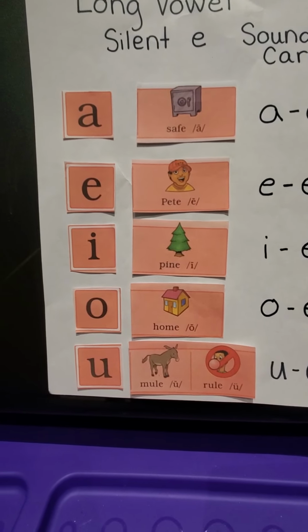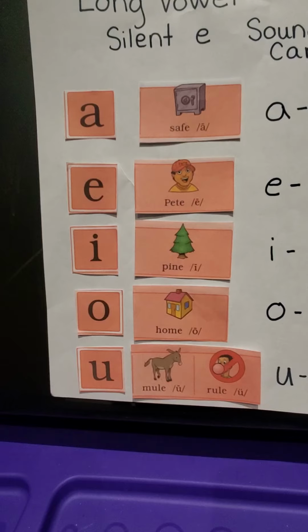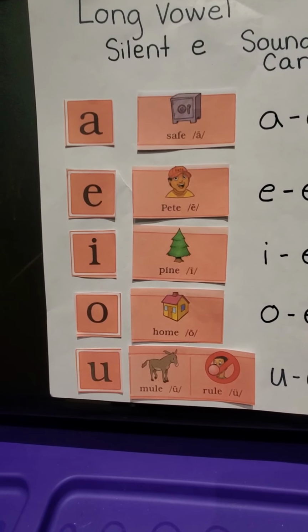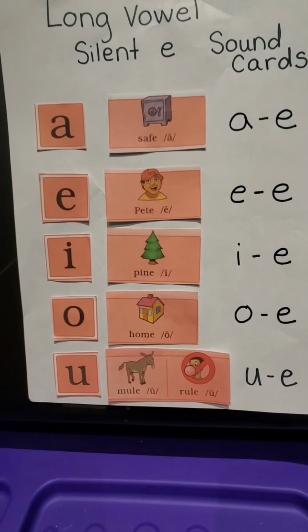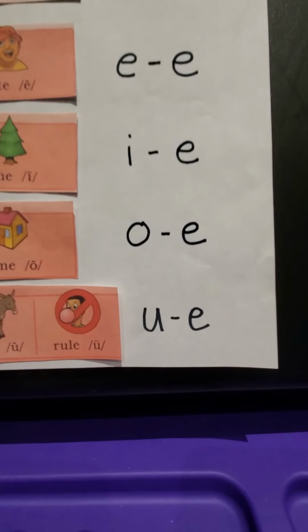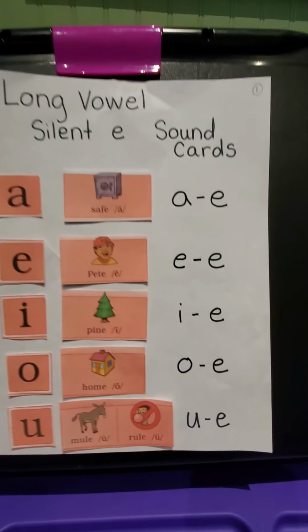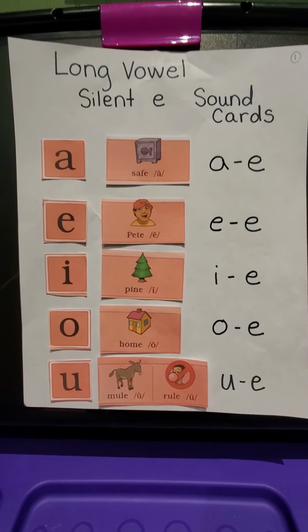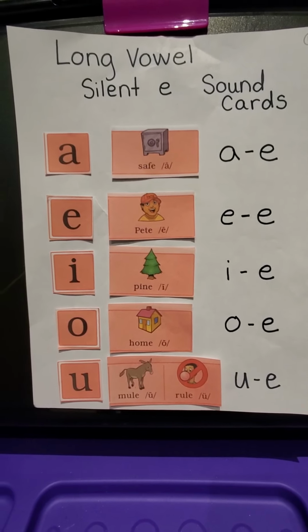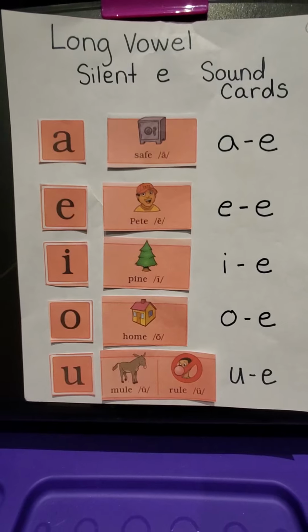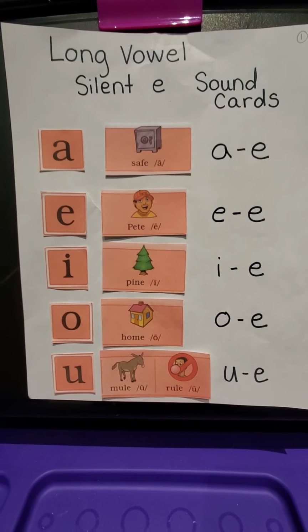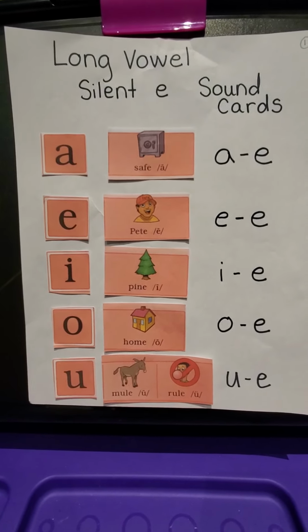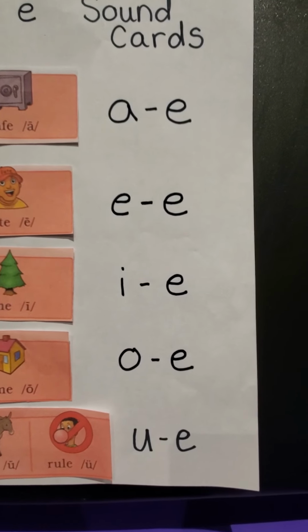And remember, long U is U, mule, U, and long U, rule, U. And either way, it's still U-E. So keep that in mind on the Fundations test because there might be one or two like that. So when we're in the sounds part and I say, how would you write long A? Or how would you write long O? That's what I'm talking about. These right here.